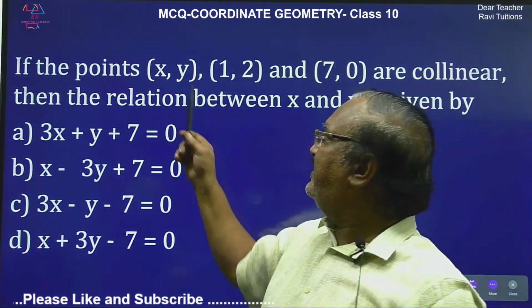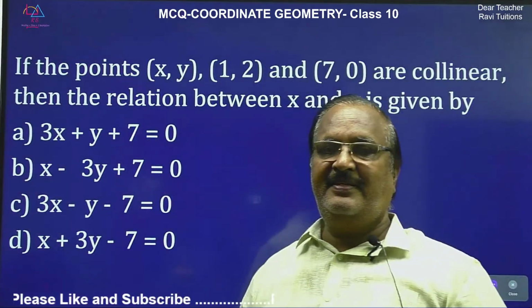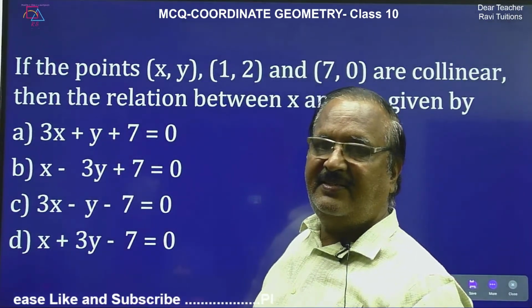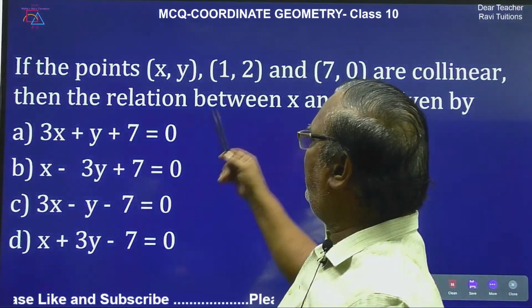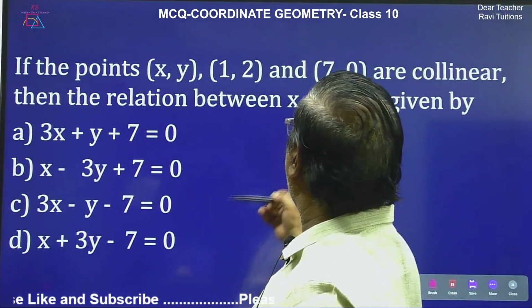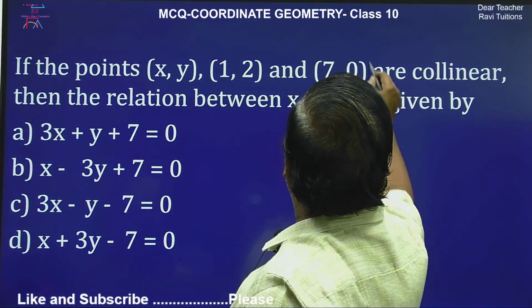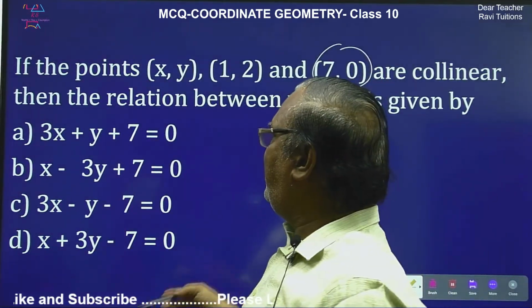That means these 3 are the solutions of these equations. You just substitute either this value or this value in this and find out which is suitable. Let us take this value. Why this value? Because one coordinate is 0.